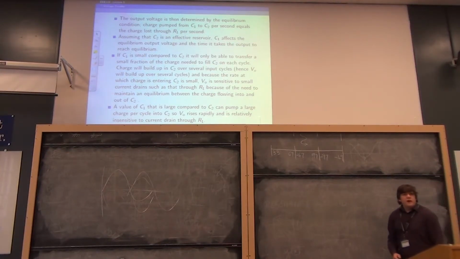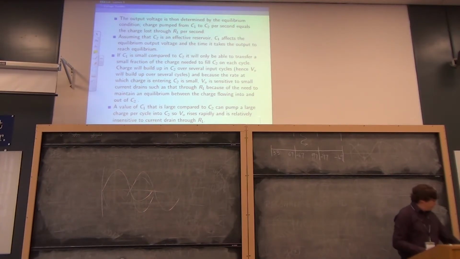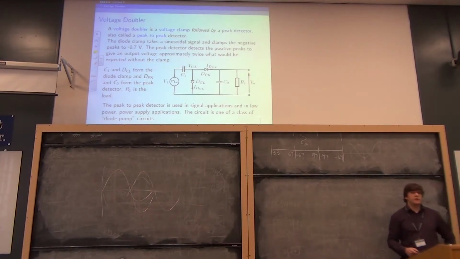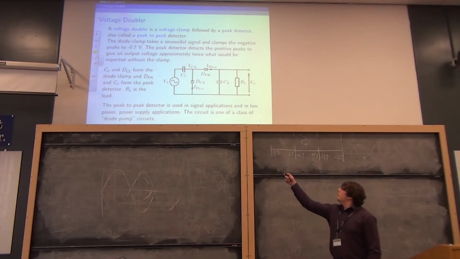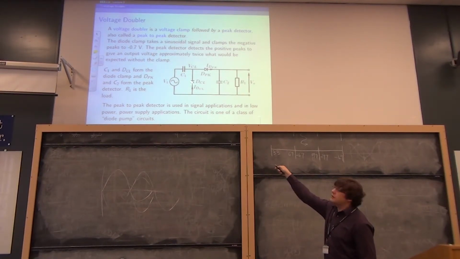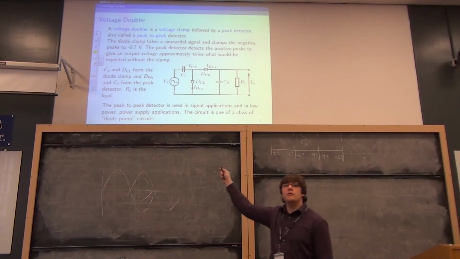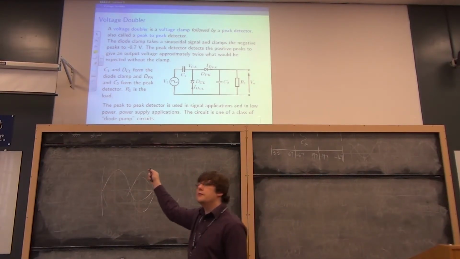So what about the output voltage of the whole circuit? Well, there is an equilibrium. We've got two capacitors, and this capacitor gets charged up when this is small and the current flows into the capacitor through this diode. And then there is a period where there is no energy added to the circuit.